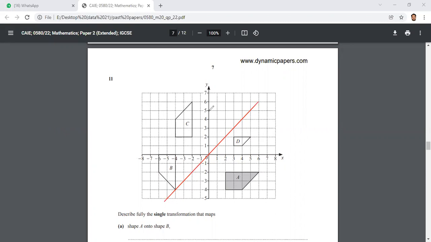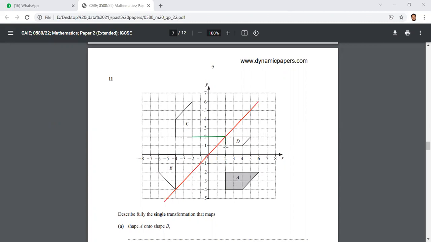So A to C, if we check the distance from A to C, let's suppose I draw one line from this corner point to here, we have 5 boxes. And from here down, 3.